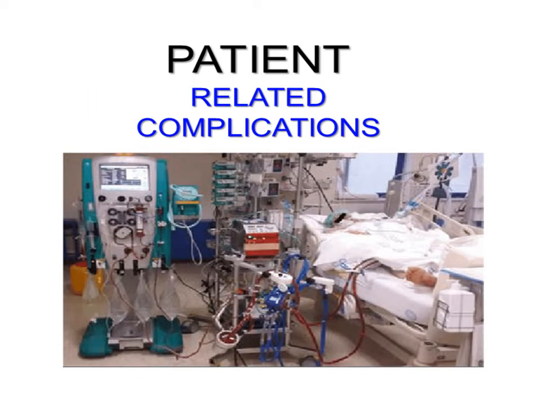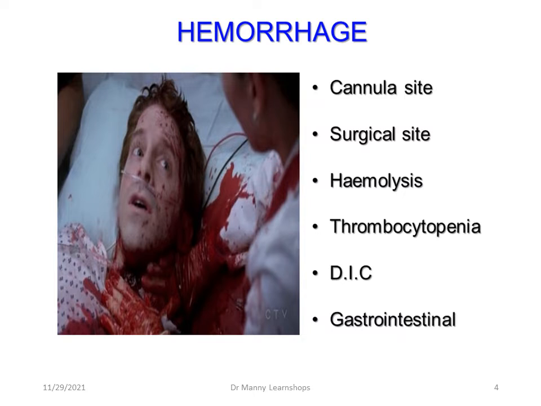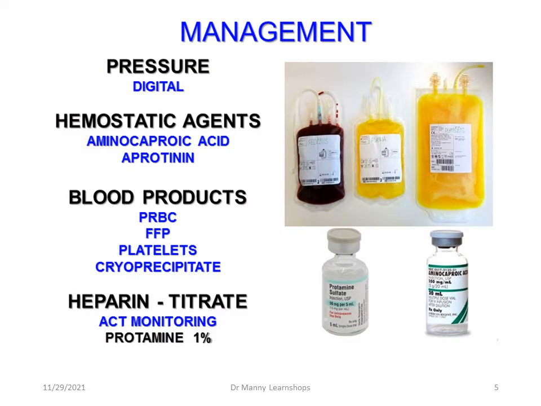Now, patient-related complications include hemorrhage. And hemorrhage could occur from the cannula site, the surgical site, as a result of hemolysis, thrombocytopenia, disseminated intravascular coagulation, coagulopathies, and gastrointestinal problems. The management is primarily, if it's bleeding, digital pressure, hemostatic agents like aminocaproic acid, aprotinin, blood products such as packed red blood cells, fresh frozen plasma, platelets, cryoprecipitate.